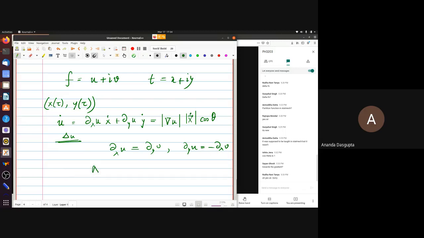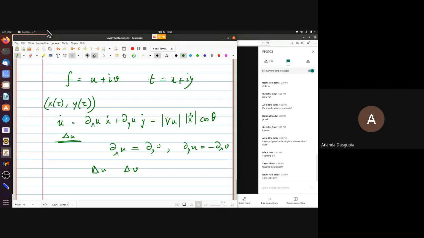Now, what does that tell you about grad u and grad v? These conditions. What is the condition between these two quantities?